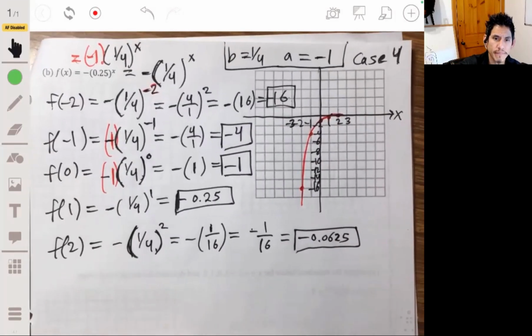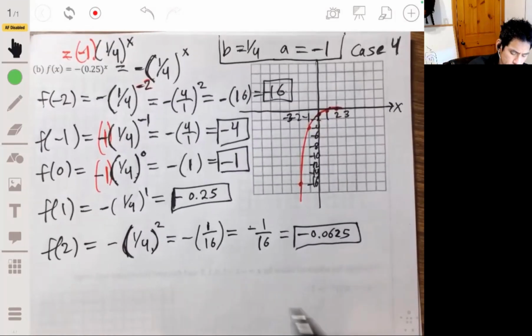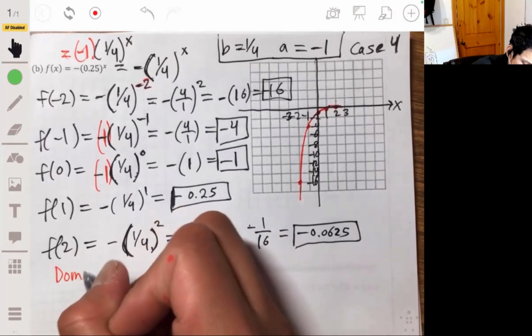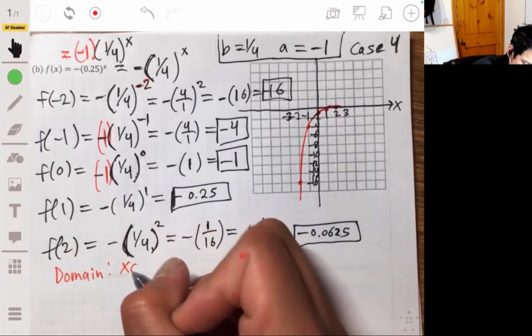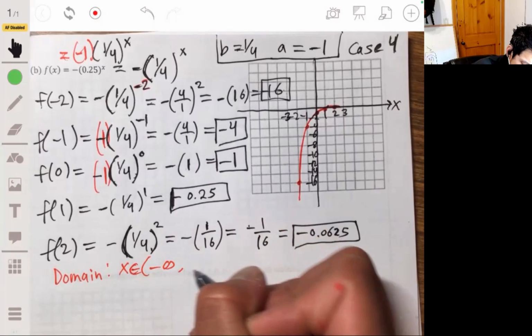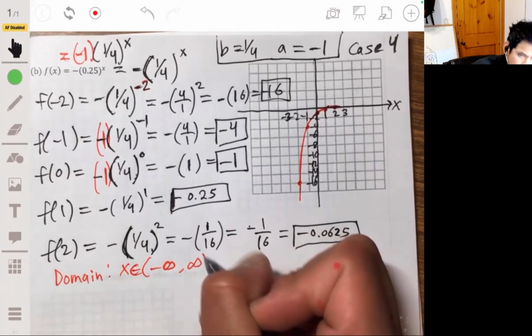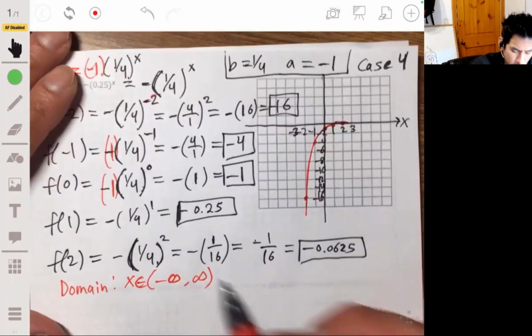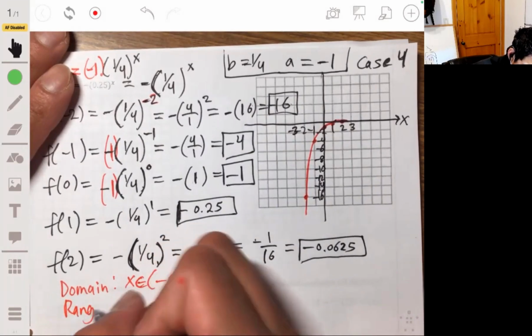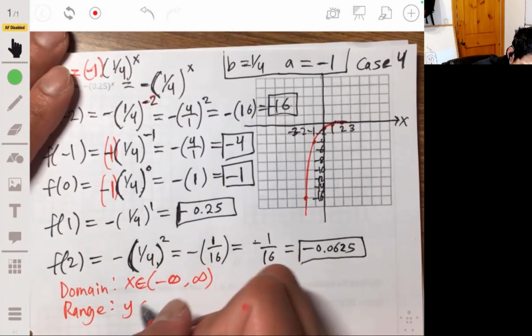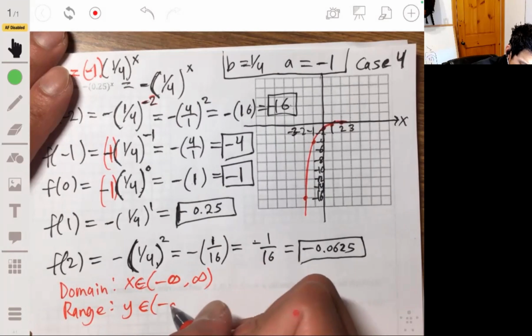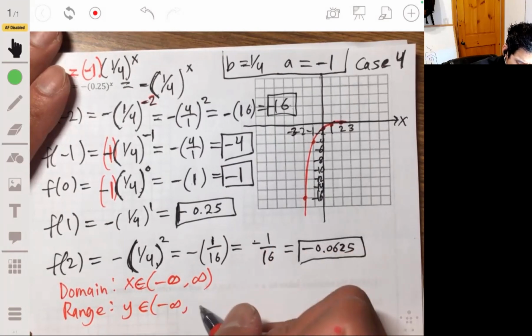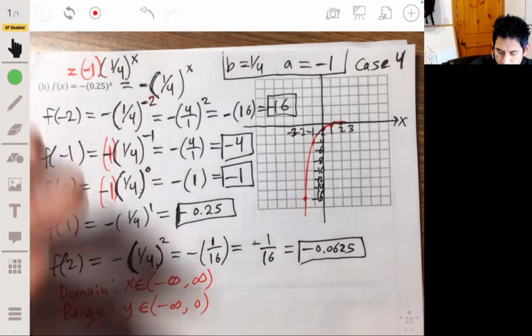And we will state the domain and range. The domain will just be what we had earlier: -infinity to positive infinity. The range will be y is below 0, or -infinity to 0.